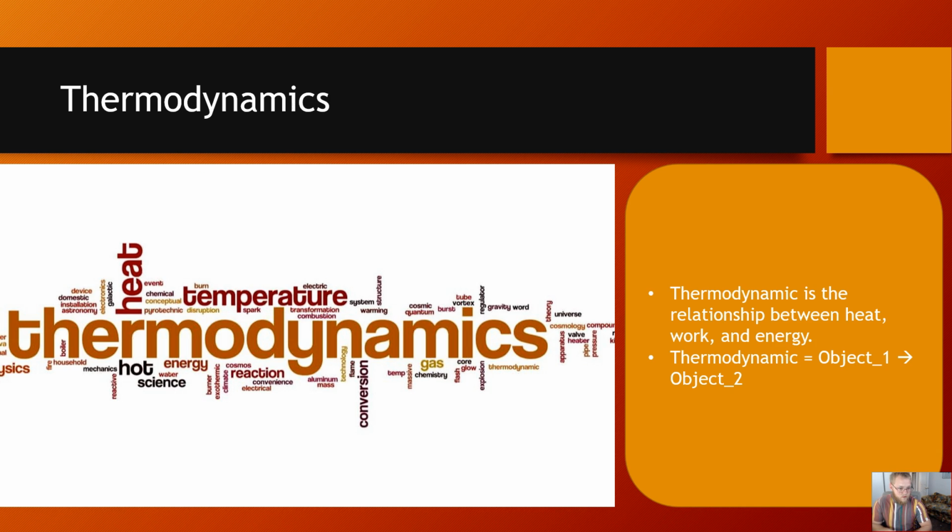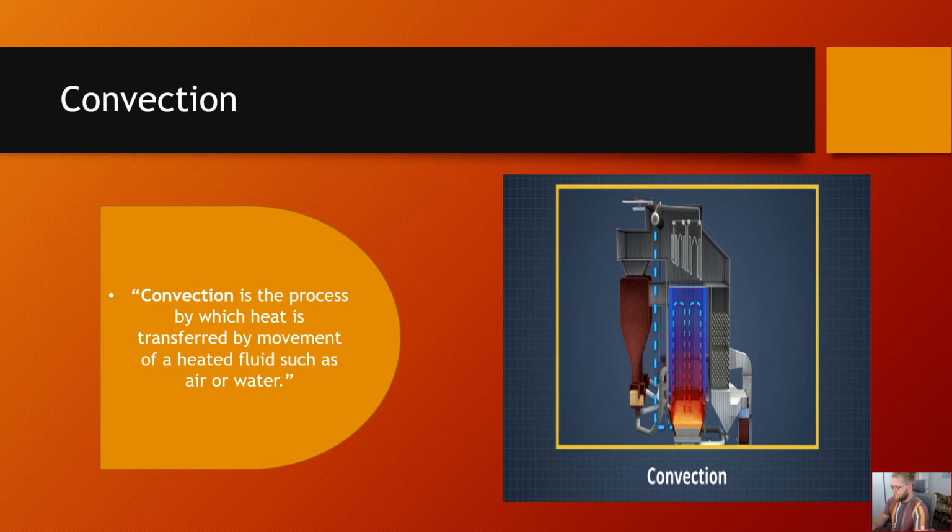All right. So thermodynamics is the relationship between heat, work, and energy. Of course, we kind of know this by taking this course, and it's the transfer of heat from one object to the next, basically in a given time. So, moving on over to convection.